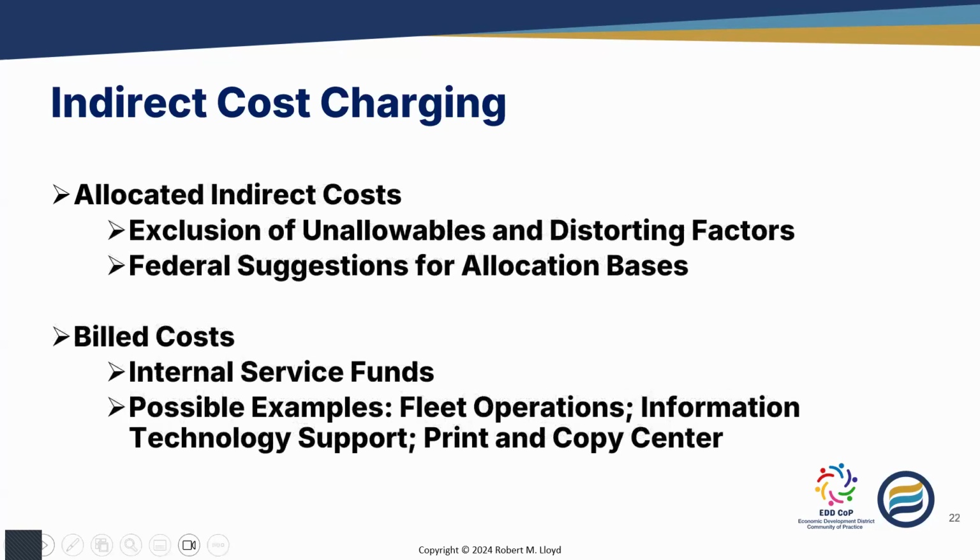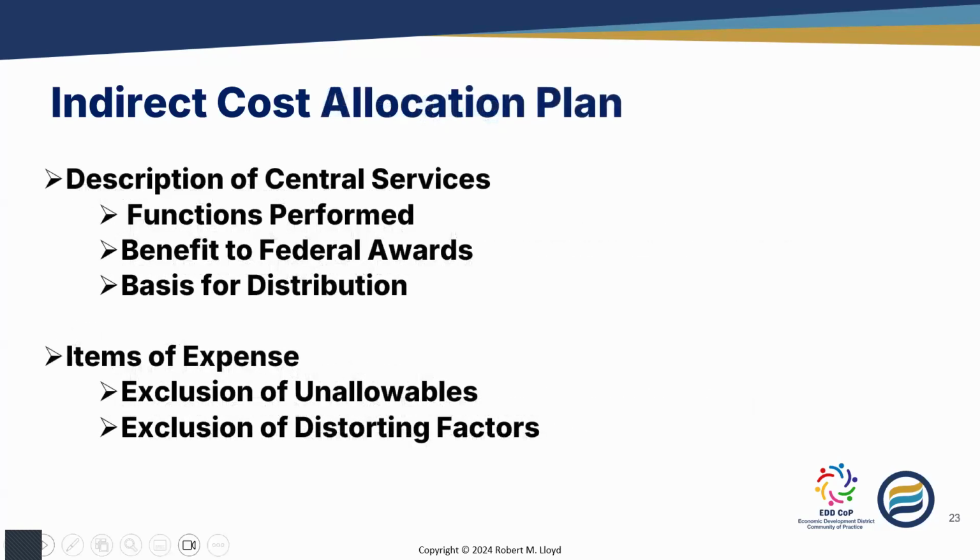Moving on to slide 23, the indirect cost allocation plan involves the deriving from the earlier cost policy statement and assignment of expenses to the indirect cost pools, a description of the central services involved, the functions that they perform, what the benefit is to those federal awards that are being carried out, and how the indirect costs are being distributed.